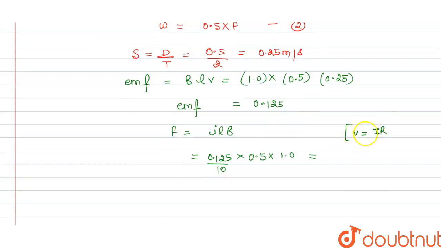So from this we get current is equal to voltage divided by resistance. So V is 0.25, that is our EMF, and R is 10 ohm.